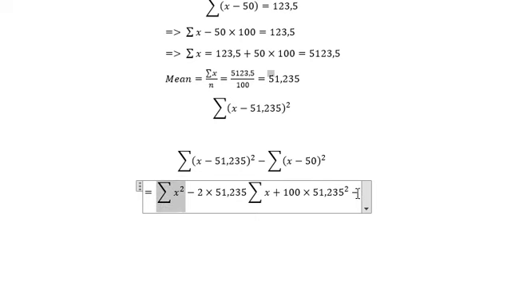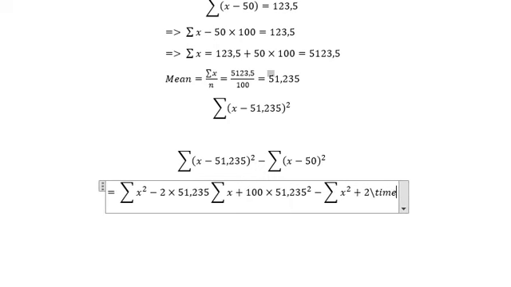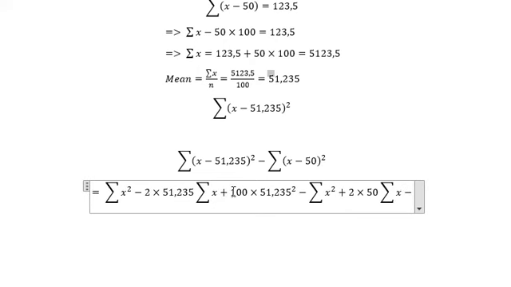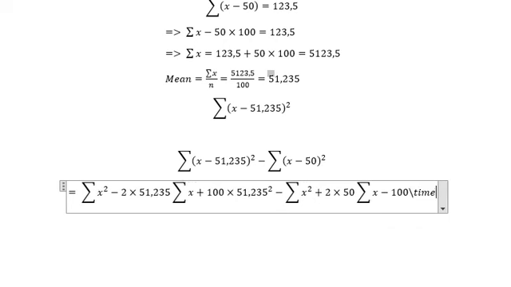Because we have the negative, we put it next to the negative, and this one changes to positive: 2 multiplied by 50, multiplied by the summation of s, and we have the negative of 100 multiplied by 50.